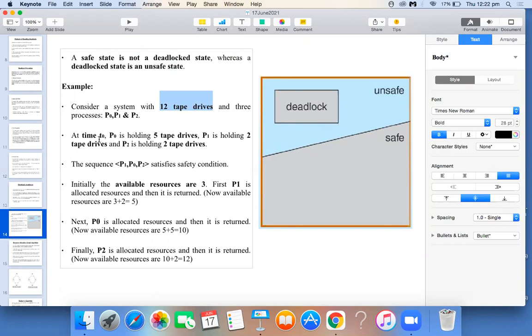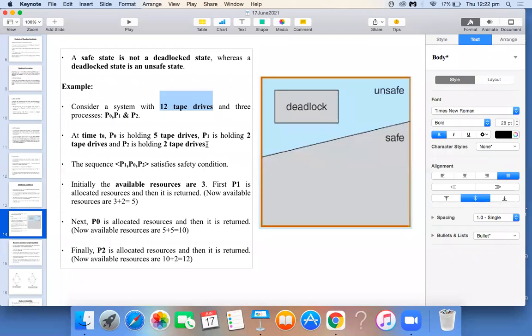At some random time, time 0, P0 is holding 5 tape drives, P1 is holding 2 tape drives, and P2 is holding 2 tape drives.